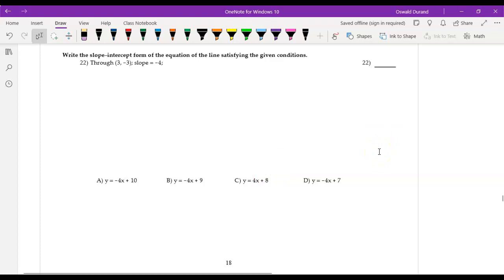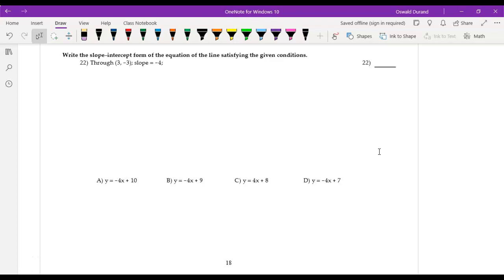All right, so now let's move to writing an equation given a set of information. So in order to write an equation in whatever form, you need to be given at the least a slope and a point, or 2 points where you can find the slope given those 2 points.